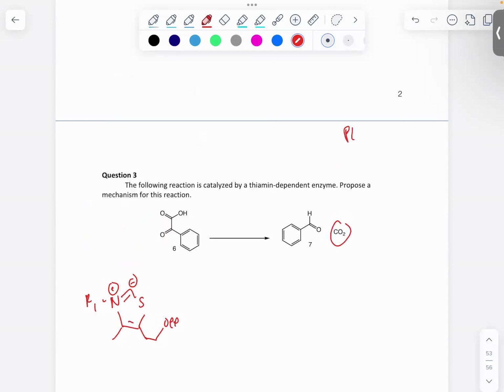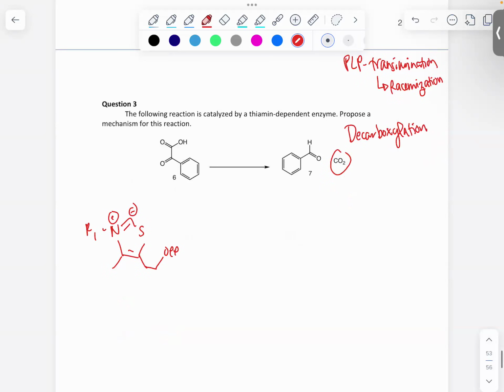So in PLP, we saw transamination reactions for racemization. In this, we will see some acyl chemistry that ultimately gives us decarboxylation.